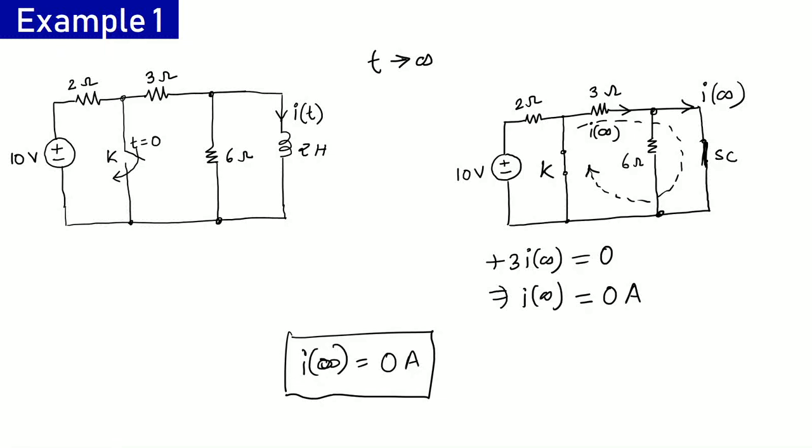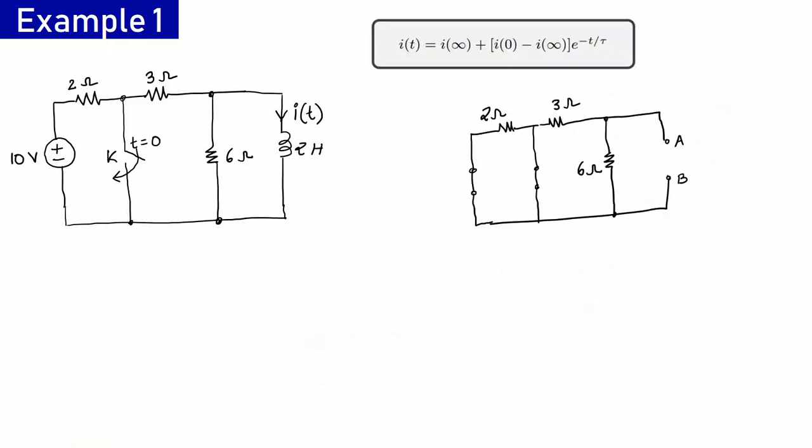Now we are required to calculate the time constant tau. For that, for the circuit after time t greater than 0, I am drawing a Thevenin's equivalent. I am assuming that the inductor is connected across the load terminals A and B. So I am removing that inductor from here, and I have shown the load terminals A and B. In this circuit at t greater than 0, this switch is on, so I have shown it as on, and I have deactivated this whole circuit.